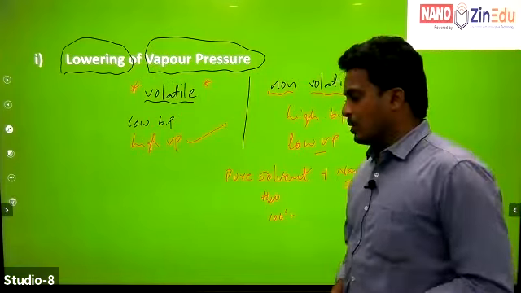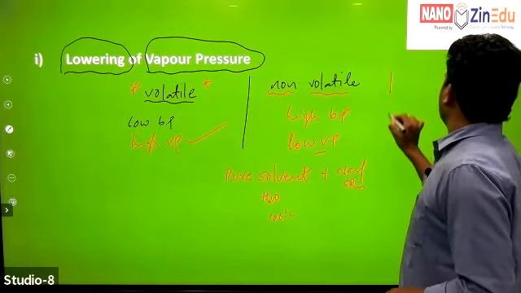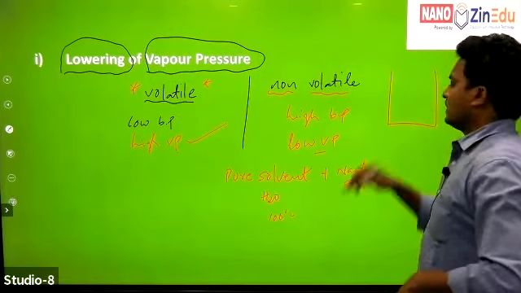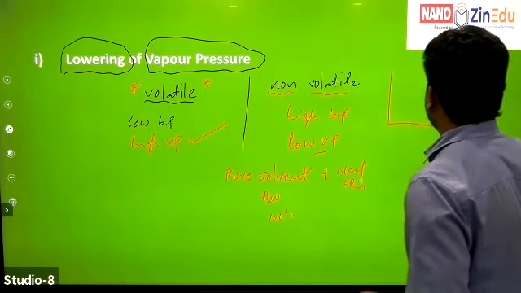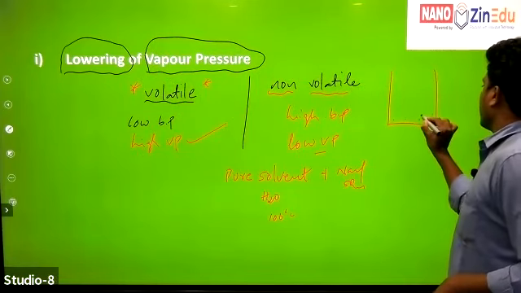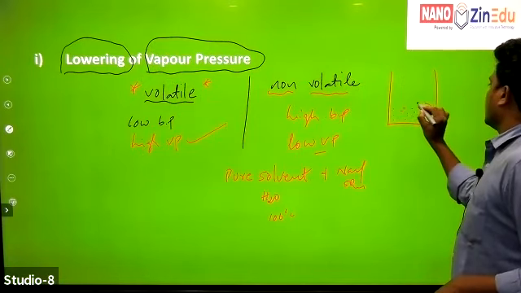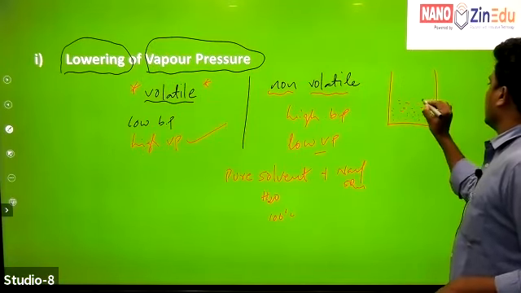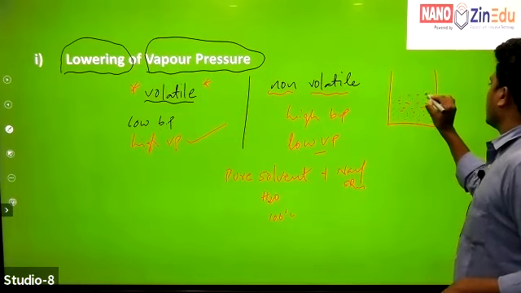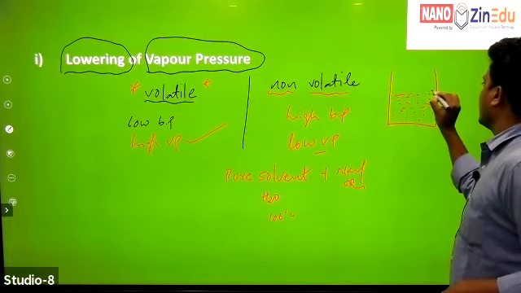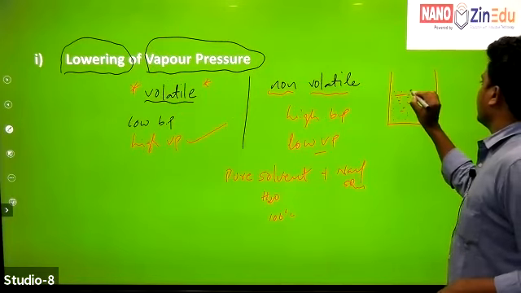See, how does the vapor pressure decrease? For example, take one container filled first with pure solvent, only water. These are water molecules, or pure solvent molecules.